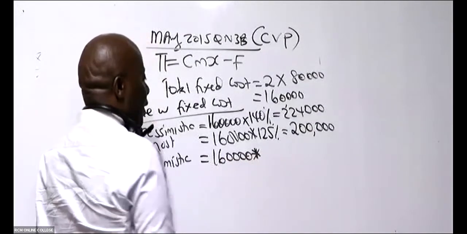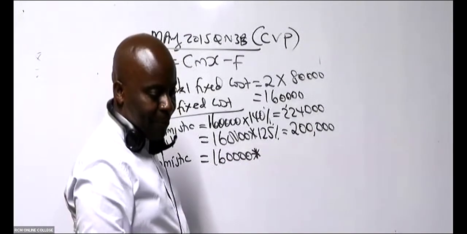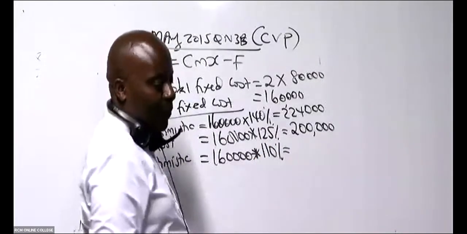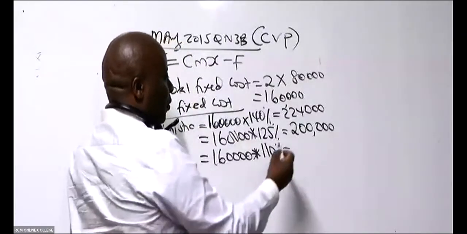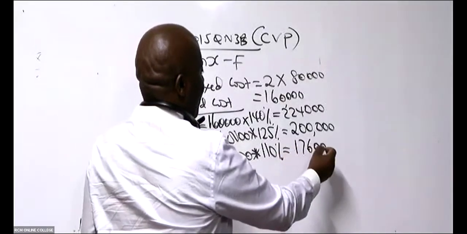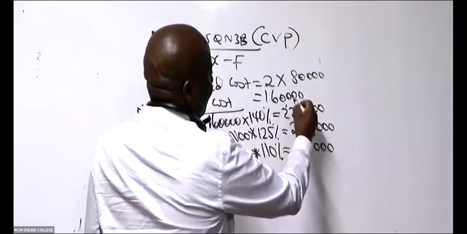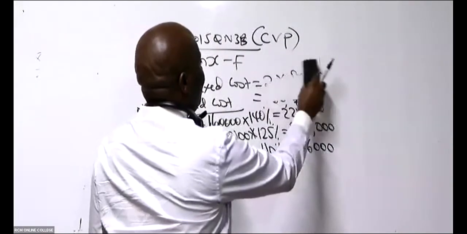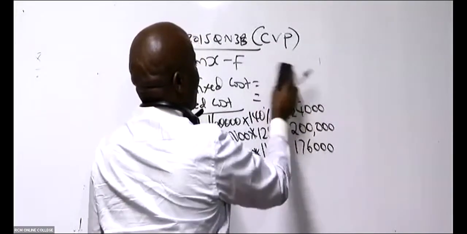For optimistic, what is the percentage increase? 10. So multiply this by 110%. 176,000, like this. So these are fixed costs.